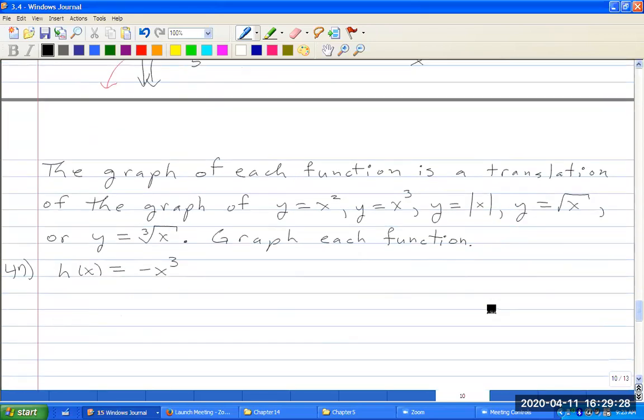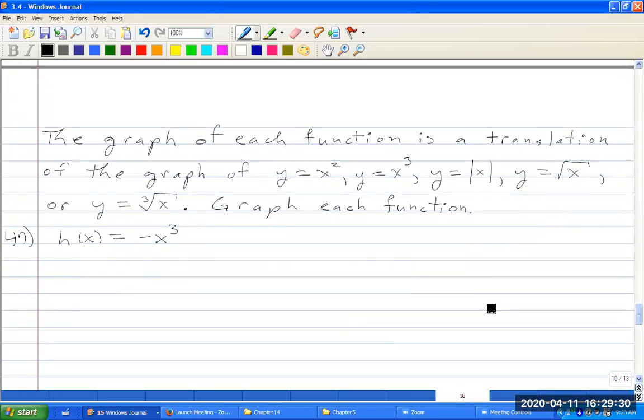The graph of each function is a translation of the graph of y equal x squared, y equal x cubed. It's not a translation, it's a reflection. This must have said a reflection, because it's not a translation.